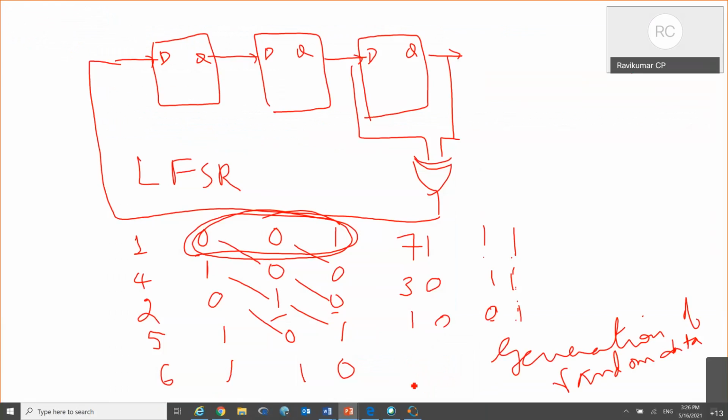See, why did I connect it like this? Why do I have to connect it this way? Is it that I should only take the feedback of the last two bits? Would it make any difference if I took, let us say, I could have also done something slightly different, right?